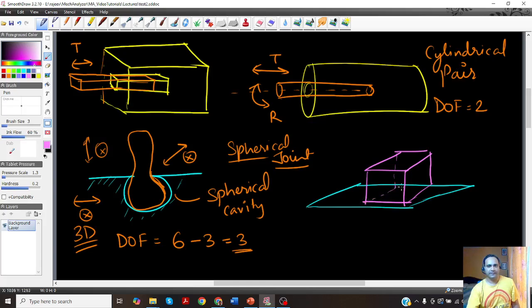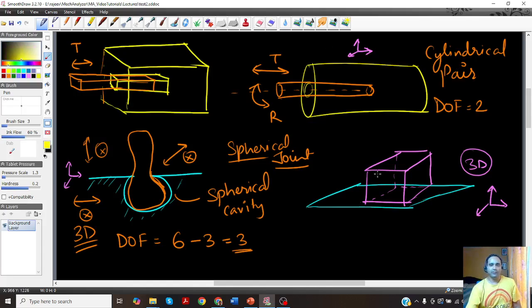Okay, let's look into 3D aspects now. This looks like a 3D diagram, or it may also be good if I just write a coordinate system stating that this is a 3D problem and that is a 2D problem. This is also a 3D problem, cylindrical.